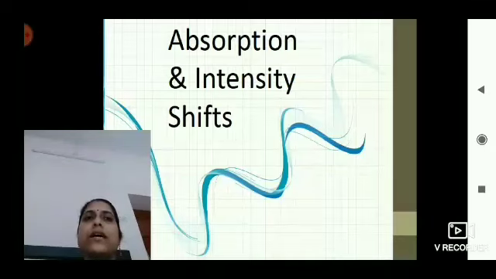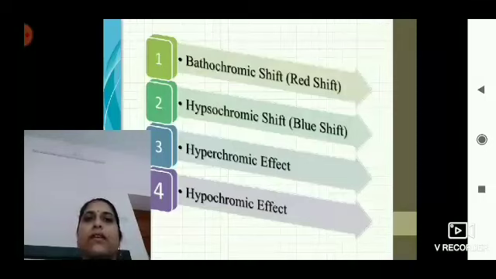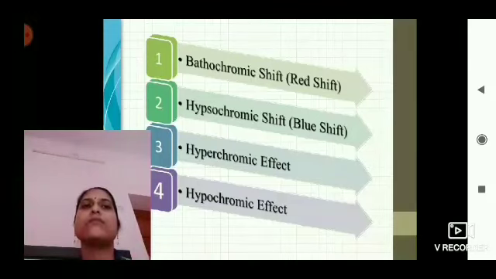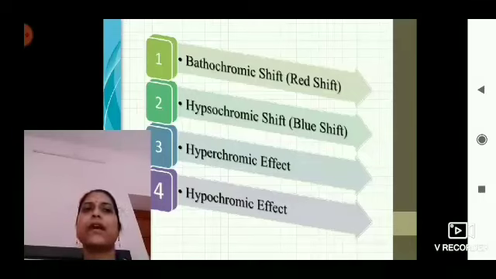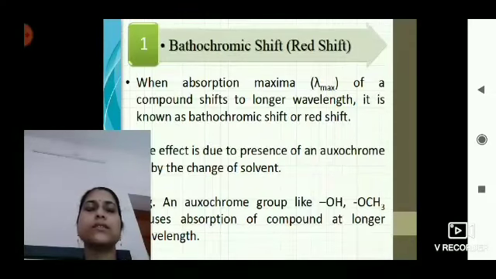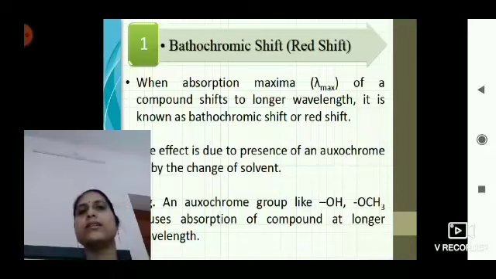Now absorption and intensity shift. Four types of shift are seen in UV visible spectroscopy. The first is bathochromic shift, the second is hypsochromic shift, and the third and fourth are hyperchromic and hypochromic effects. The first two are shifts in wavelength. If for some reason there is a shift in wavelength from lower to higher value, it is called bathochromic shift.